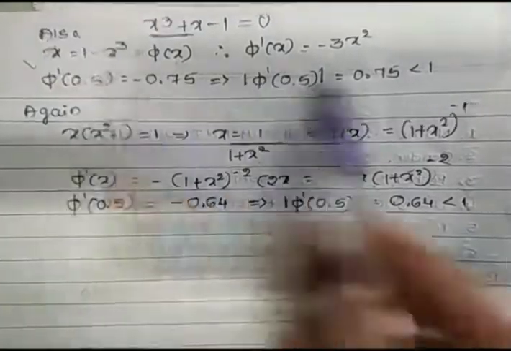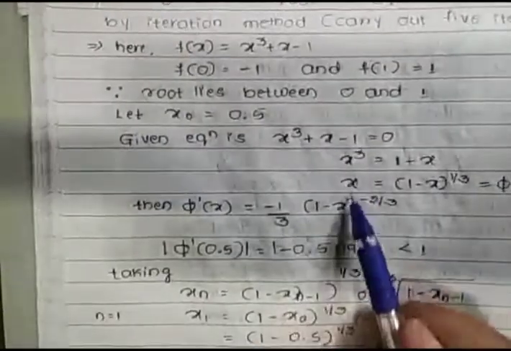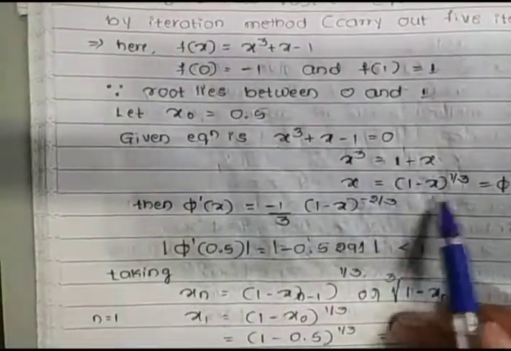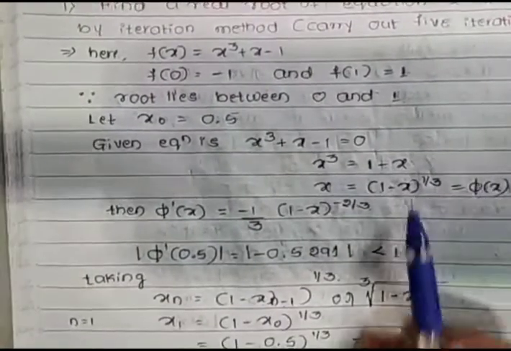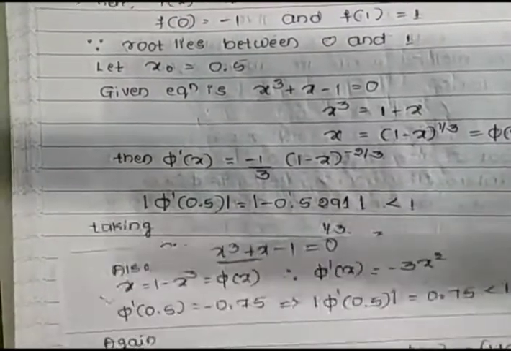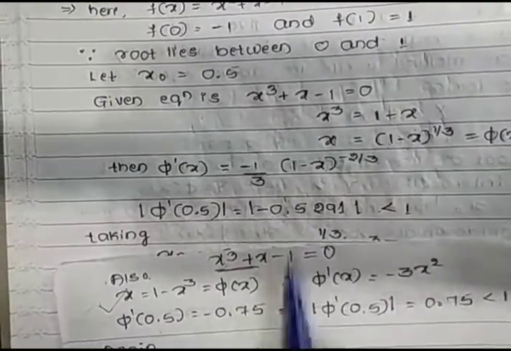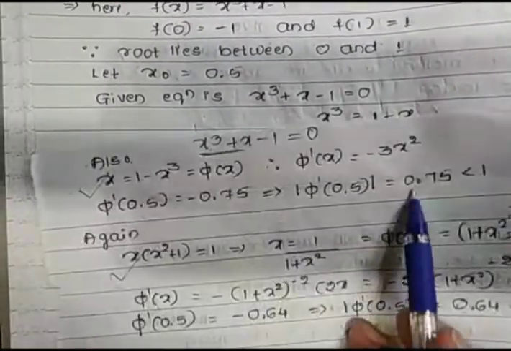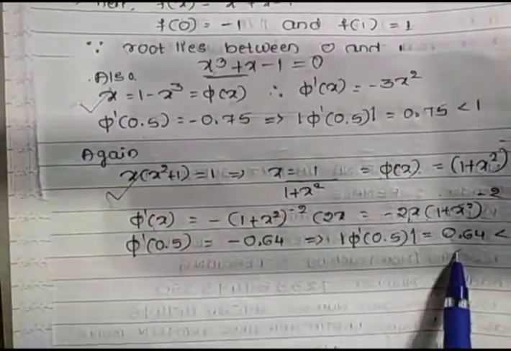See, for this equation we are getting less than 1, and for this equation we are getting less than 1, and for x is equal to 1 minus x raised to 1 by 3, for this also we are getting less than 1 only. Now, among these three equations, which one do we need to consider while solving the example? Here this is 0.5, this is giving us 0.7 and this is giving us 0.4.